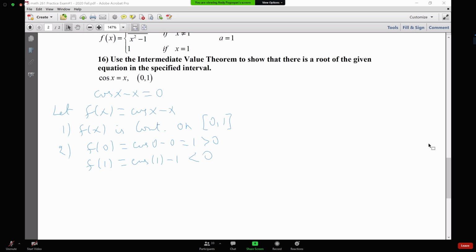So f of 0 is not equal to f of 1. Now, n equals 0 is between f at 1 and f at 0.